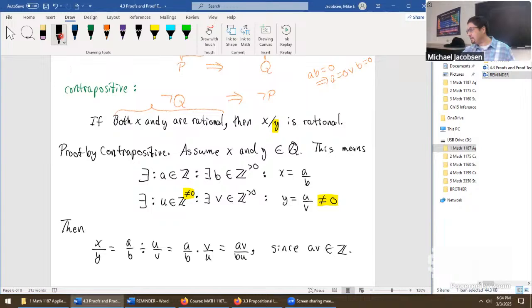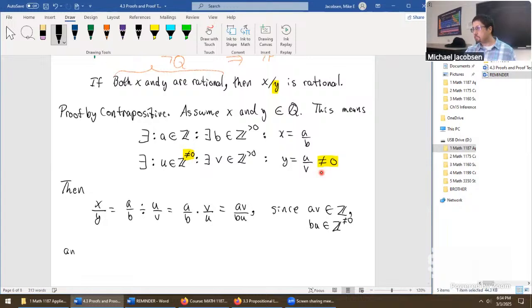Let's say bu is an element of Z, excludes 0 itself, and this shows x over y is in Q, it's a rational number as required.